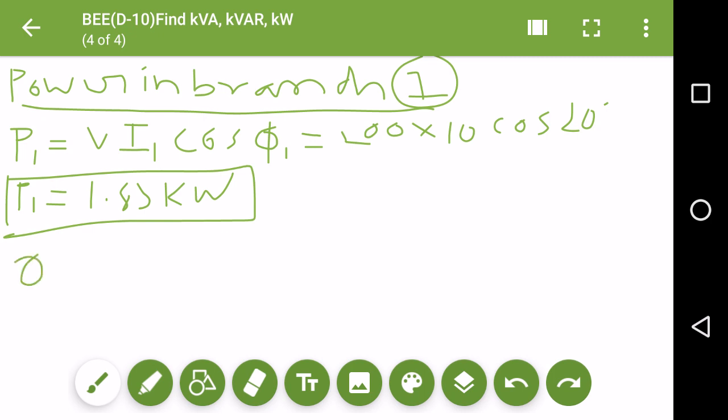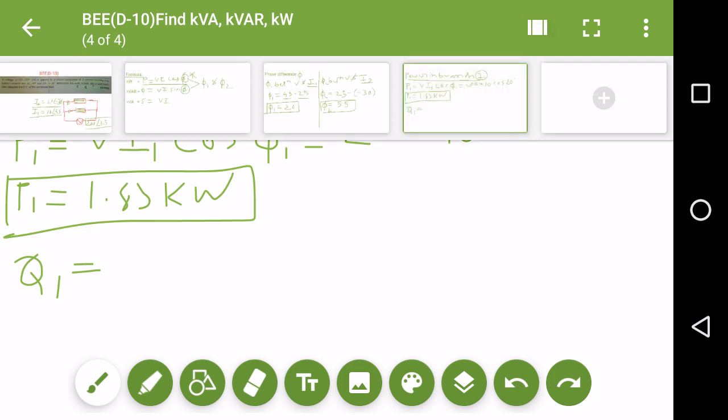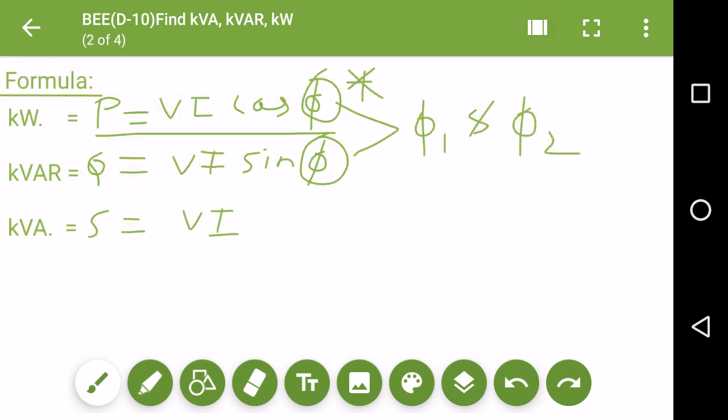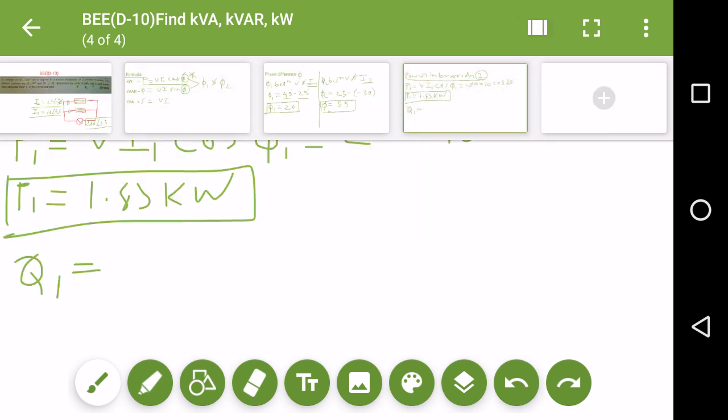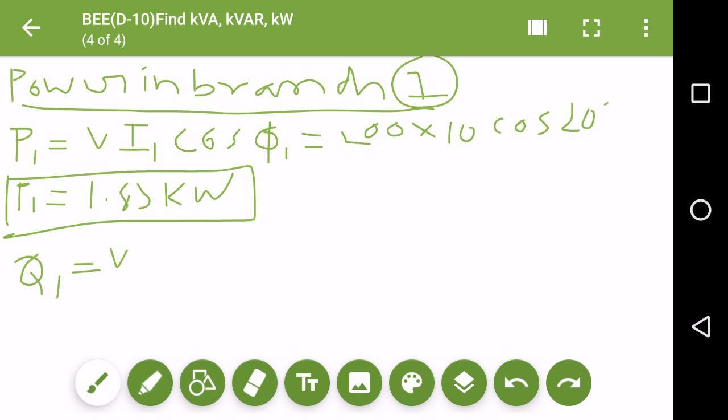Similarly, I will find the Q1 value. We know the formula for Q1. Q formula is V into I sine of phi. So I will substitute the values, V into I1 sine of phi 1.